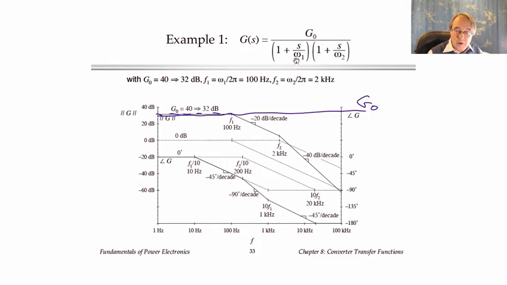The first pole is 0 dB for frequencies below F1. F1 is 100 hertz right there, so here's F1. So we'll be 0 dB until we get to F1, and after F1 we have an asymptote that has a slope of minus 20 dB per decade.